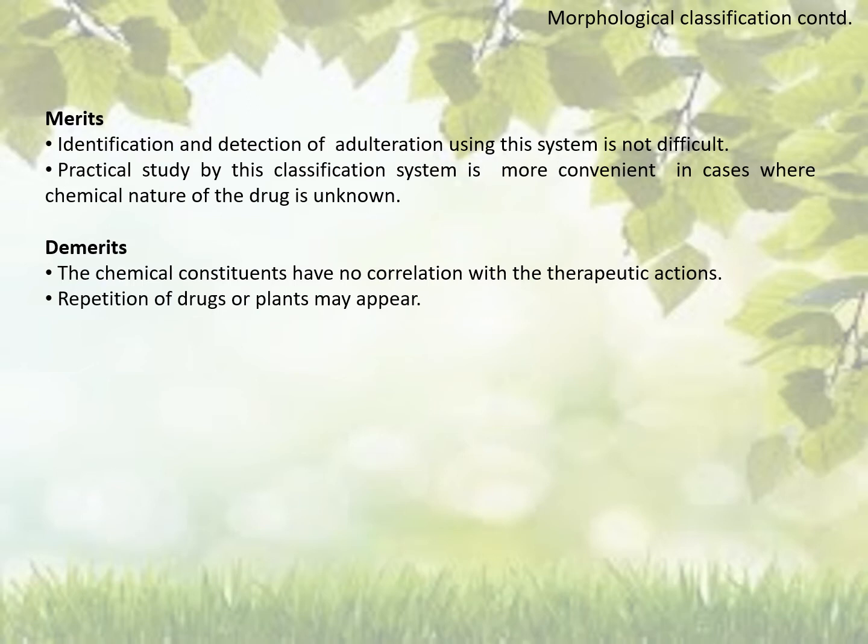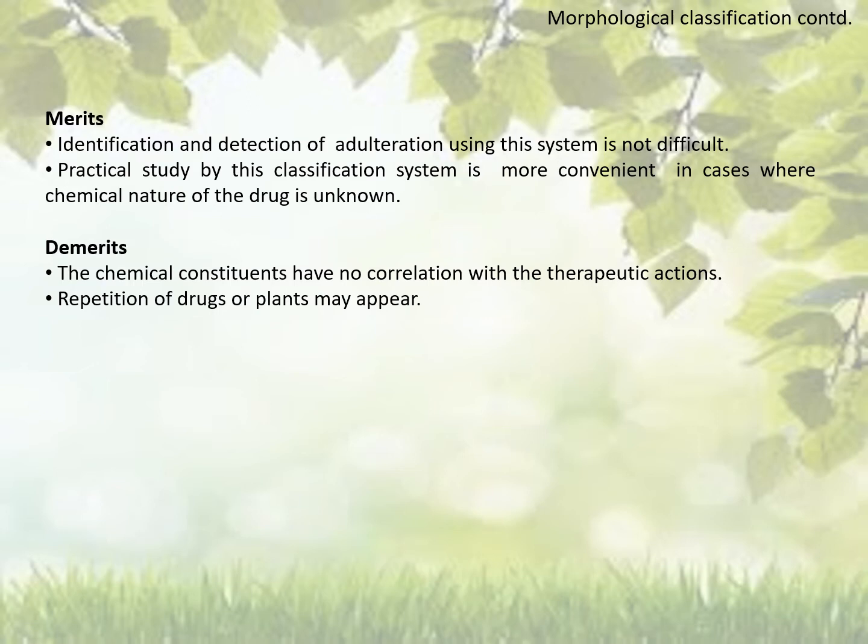So here are some merits and demerits of morphological classification. Merits are: identification and detection of adulteration using this system is not difficult. Practical study by this classification system is more convenient in cases where the chemical nature of the drug is unknown, especially when it is not clearly understood.